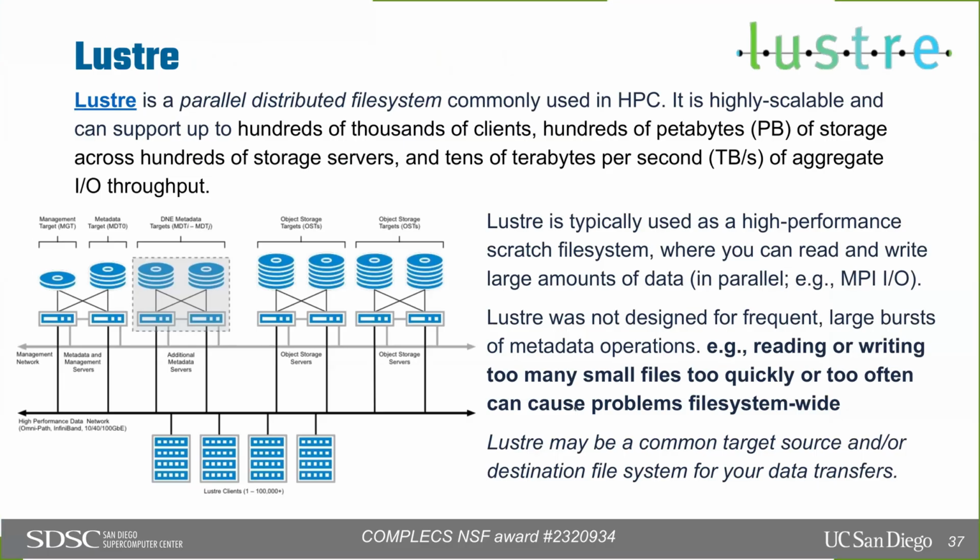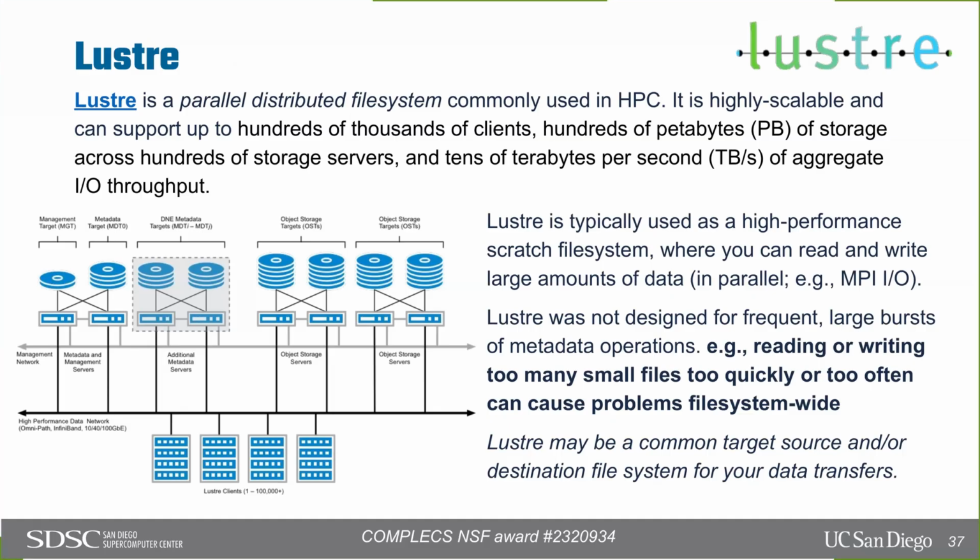I mentioned Lustre on Expanse. This is a big parallel file system we have, and it's probably the most common and popular parallel file system on HPC systems. You can see in the diagram that it gets pretty complicated. All those Lustre clients are the compute nodes and the login nodes, so again you have that client side that you are accessing your files from.